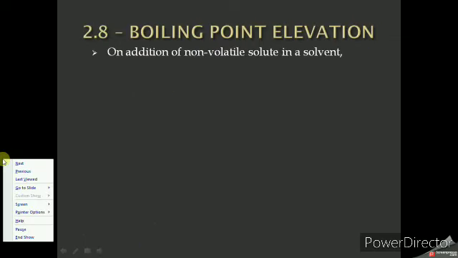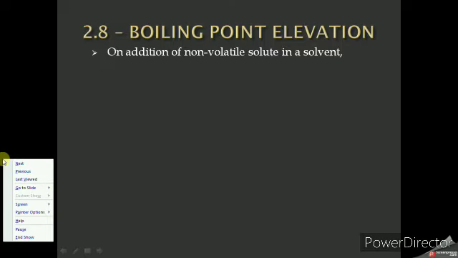Now next colligative property is elevation in boiling point. So all are familiar with the boiling point. Boiling point of a liquid is the temperature at which its vapor pressure equals the applied pressure, that is atmospheric pressure. So for liquids in an open container, the applied pressure is the atmospheric pressure.